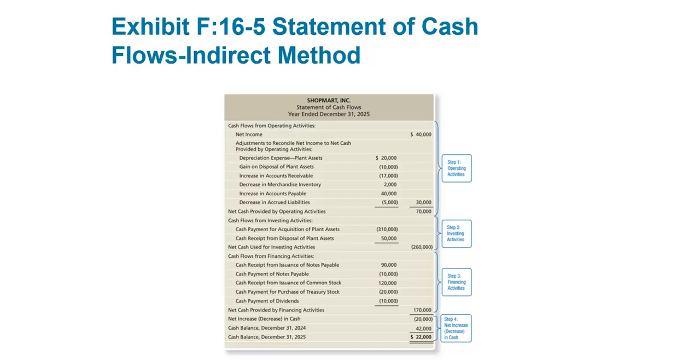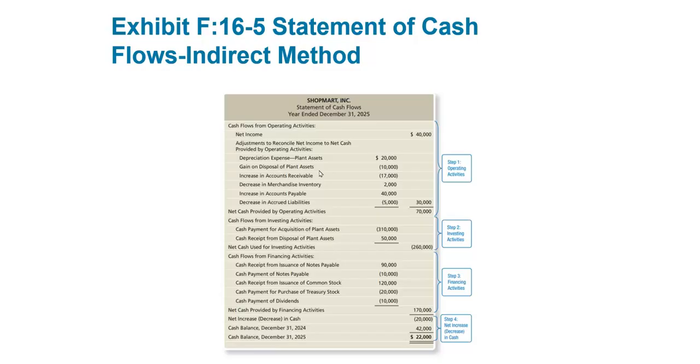When we expense the depreciation on the plant assets, we credited accumulated depreciation, not cash. But also, the expense lowered net income. So this is one of the reasons we're adding it back into operating activities.